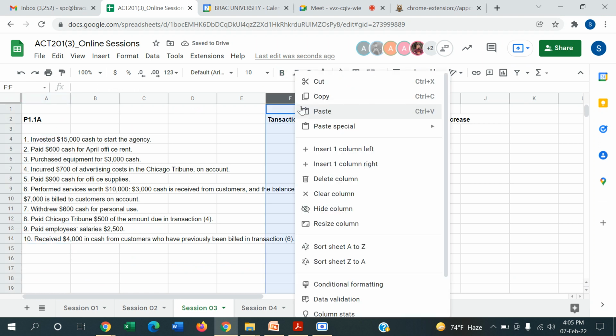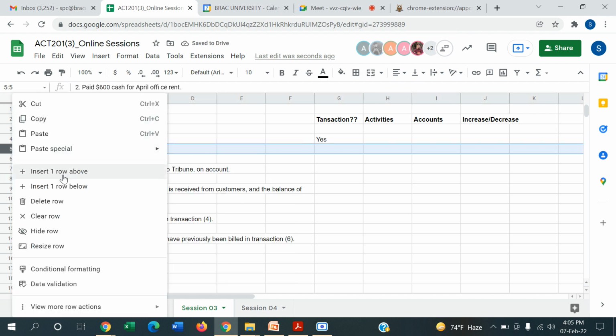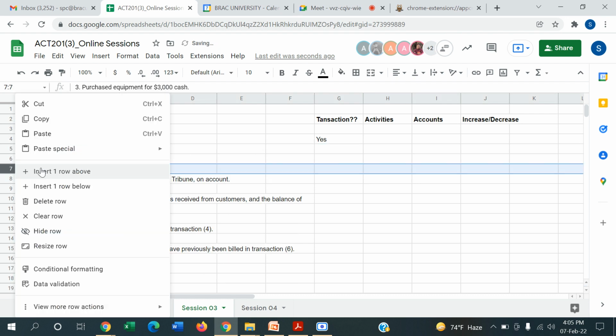So, these are the transactions, and now we are going to assess those transactions. The first one: invested 15,000 cash to start the agency. What do you think? Is it a transaction? Yes sir. So now we need to find out what activities are related with that.